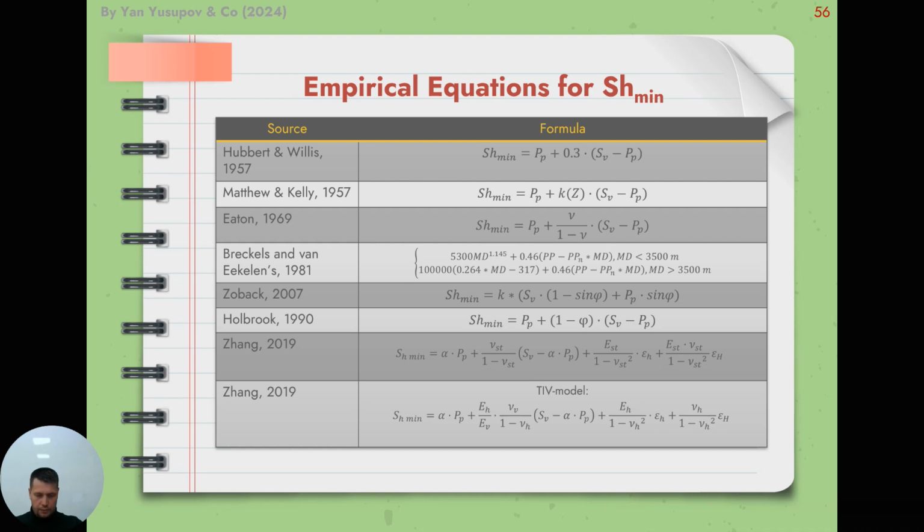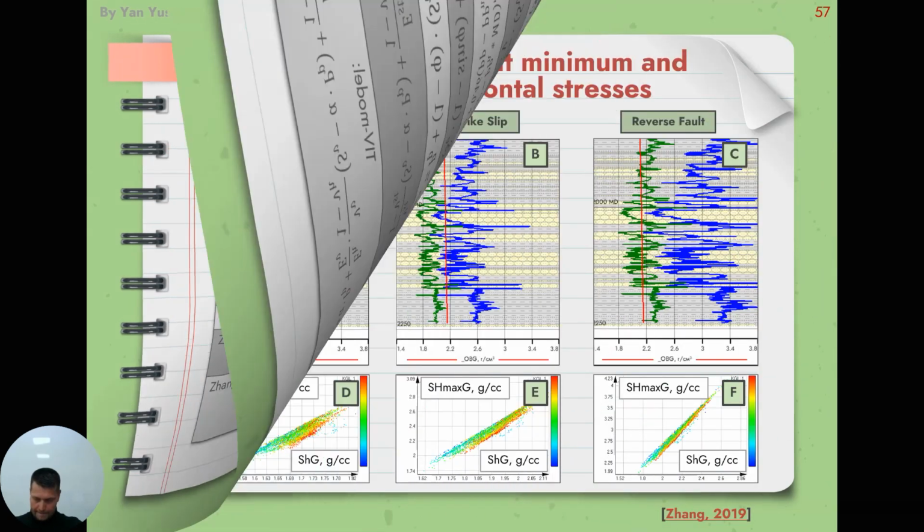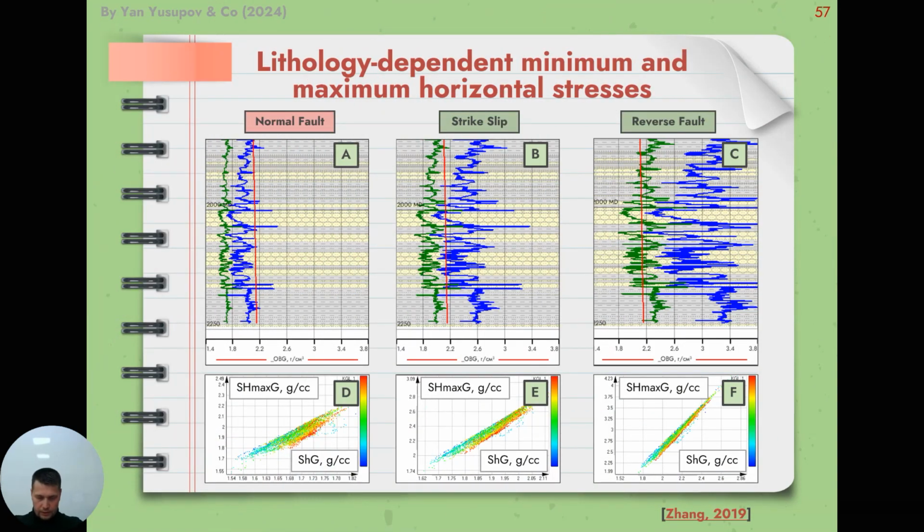This is an empirical equation table for SHmin. There are several of the most well-known methods for definition of SHmin. Also, it can be observed in the figure that sandstones normally have a smaller minimum horizontal stress because of a smaller Poisson's ratio.